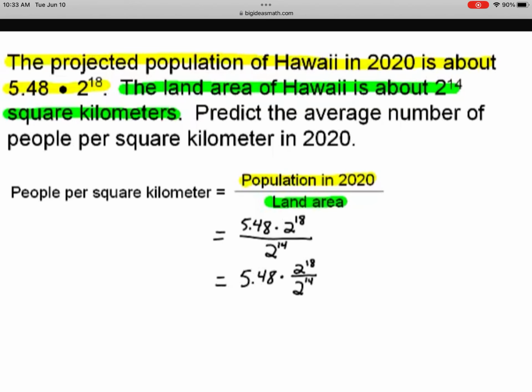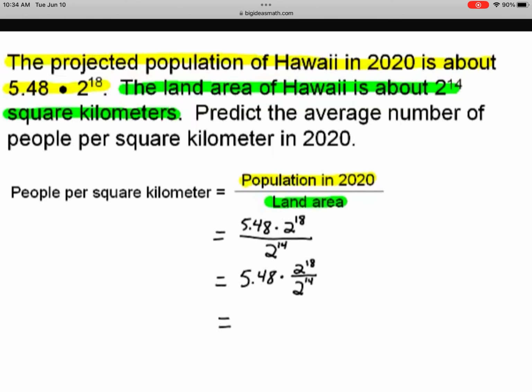Notice that now you are dividing two powers with the same base, so you can use the quotient of powers property. The quotient of powers property states that to divide powers with the same base, subtract their exponents.